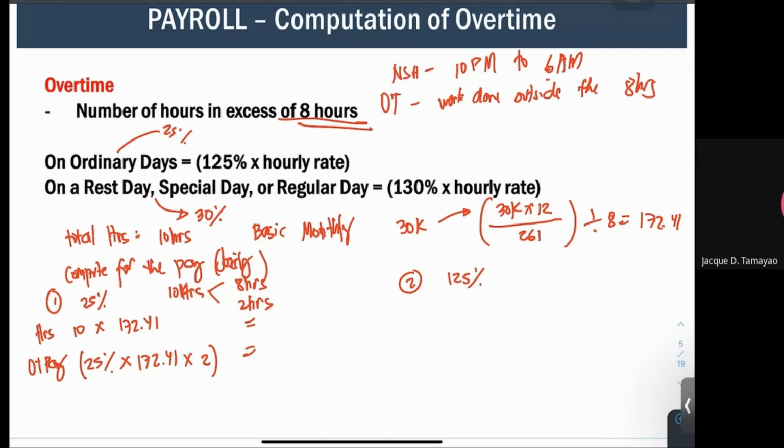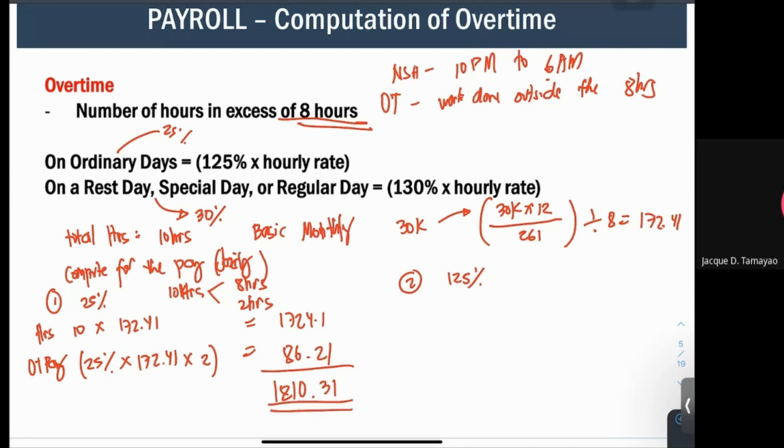So 172.41 times 25% times 2, we will get 86.21. For the total working hours, 172.41 times 10, we get 1724.1. Total of 1810.31. So this is your total pay for the 10 hours.